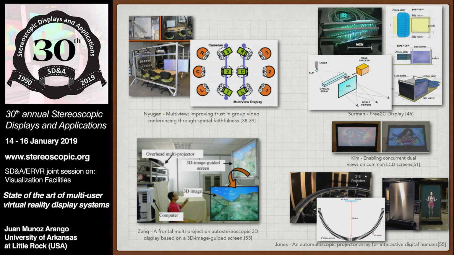So from one side, you can see an image, and if you move your head to another side, you can see another image. That's quite an interesting approach. Zhang, on the other hand, uses a frontal multiprojector approach. They use 8 projectors and a 3D image guided screen and a lenticular lens with a retroreflective screen.